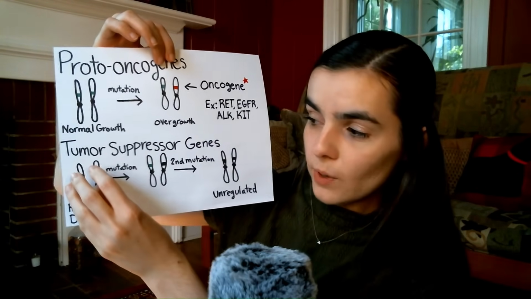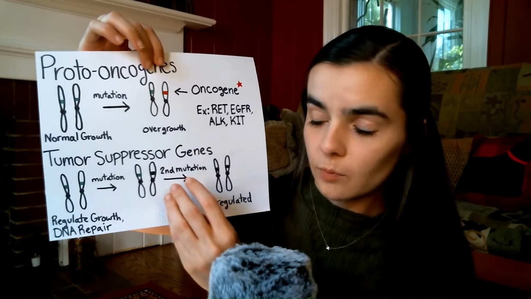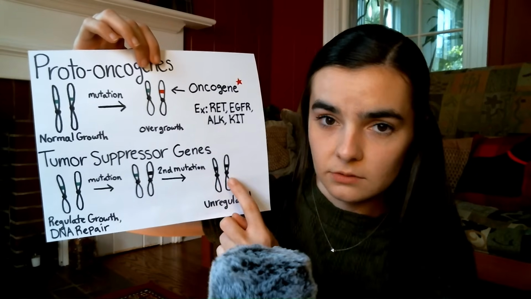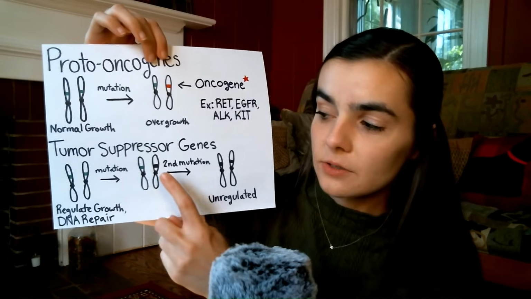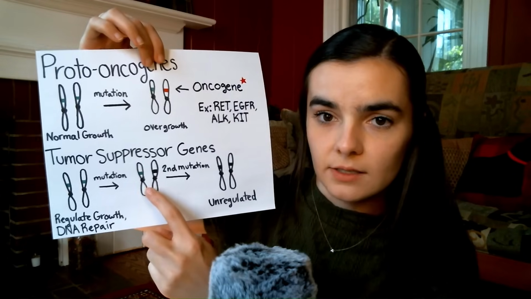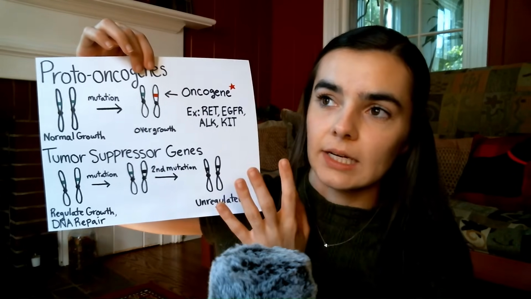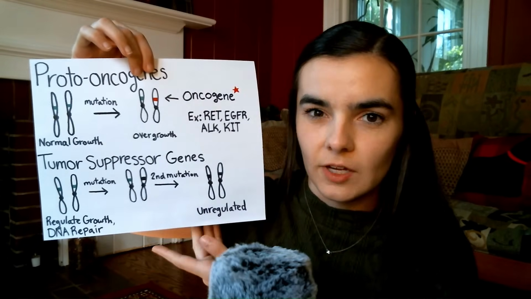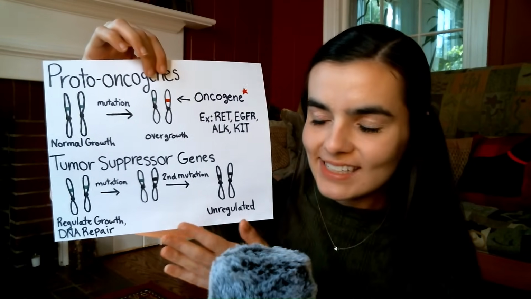And so rather than needing two mutations, one in each copy to lead to cancer, they only need one more mutation to lead to cancer. And so that's why people that inherit one of these mutations typically get cancer at earlier ages, or they get specific types of cancer or similar types of cancer running in a family. I hope that makes sense.